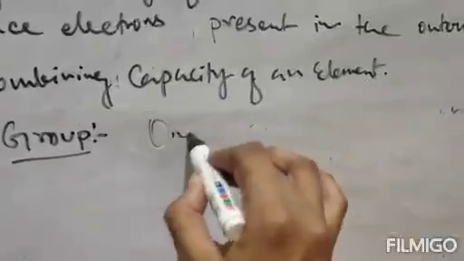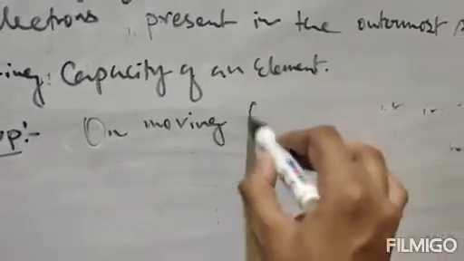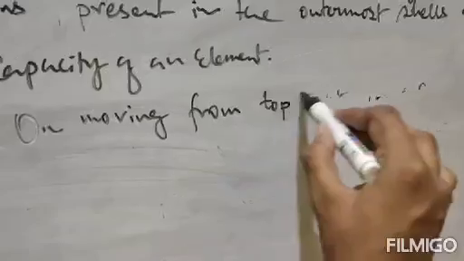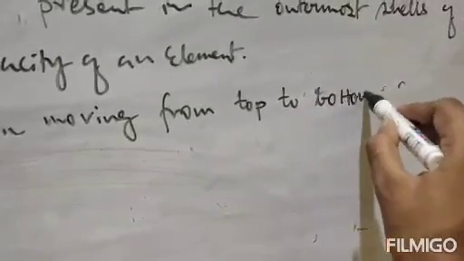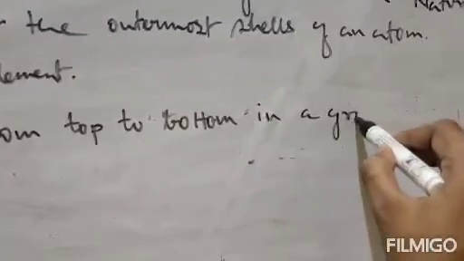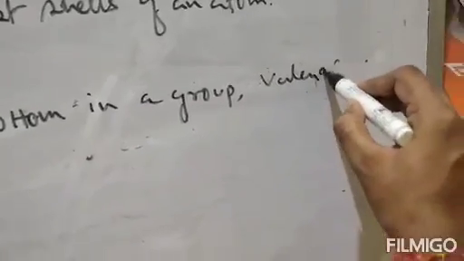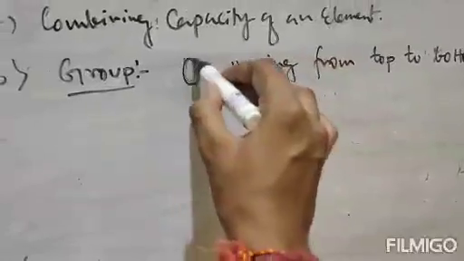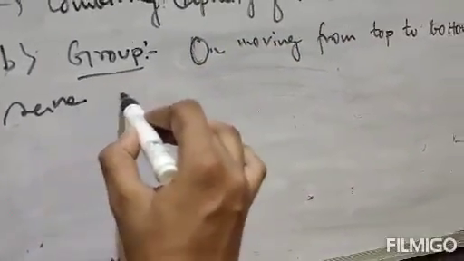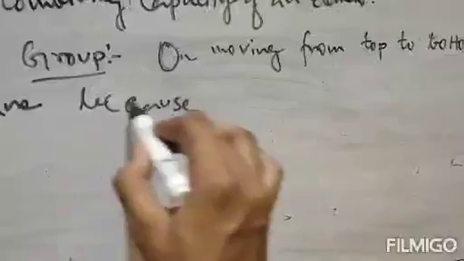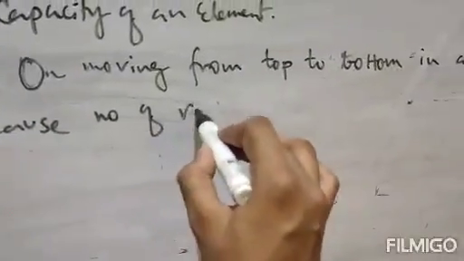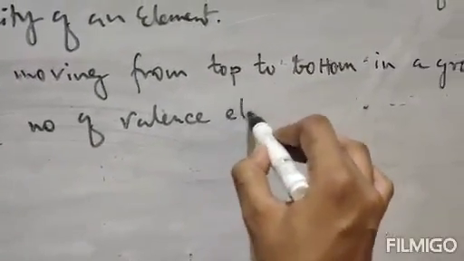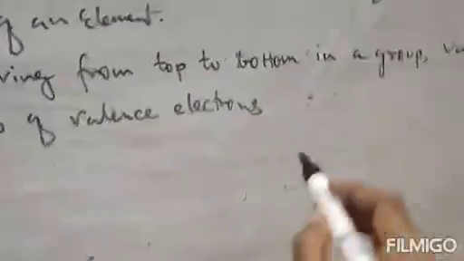So group wise, on moving from top to bottom in a group, the valency remains the same because the number of valence electrons remains the same.